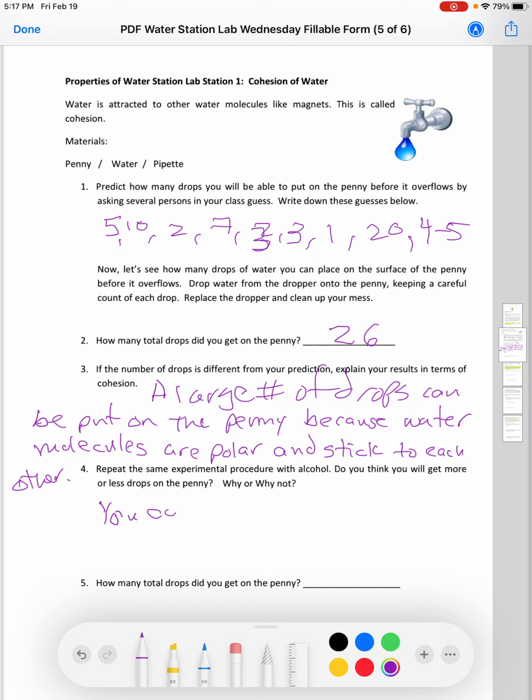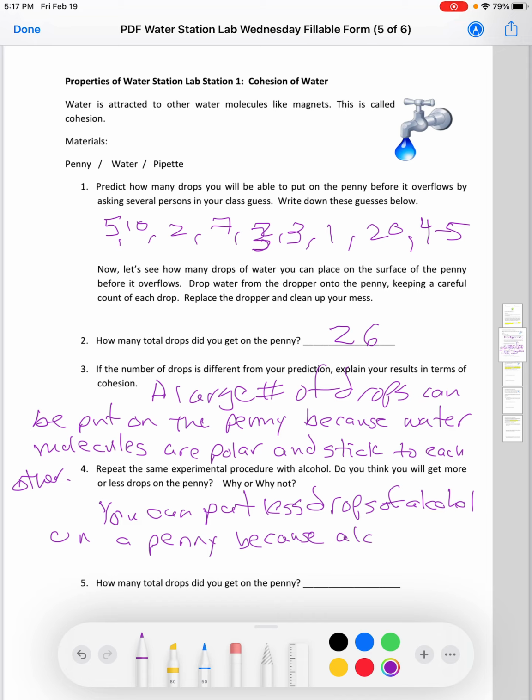You can put less drops of alcohol on a penny because alcohol is not so polar as water and forms fewer hydrogen bonds.